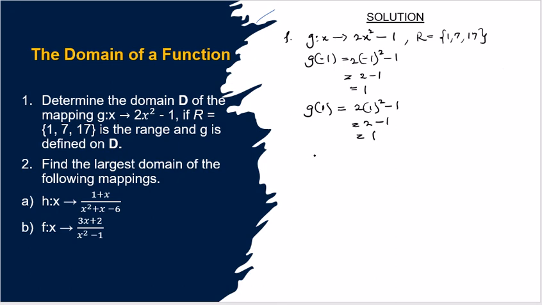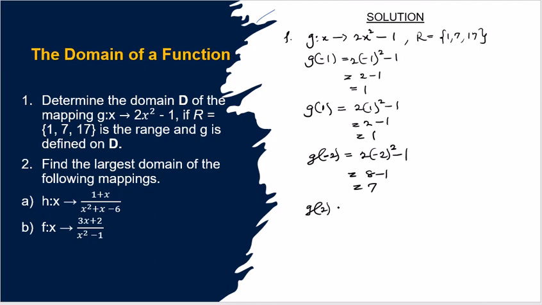So let's come to g(-2). We have 2 into (-2) squared minus 1, which equals 8 minus 1. And that gives us 7. So you can see that 7 is an element in the range. So -2 has an image of 7. That's the conclusion.